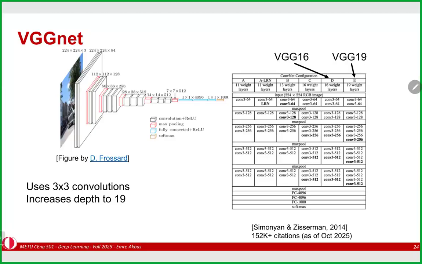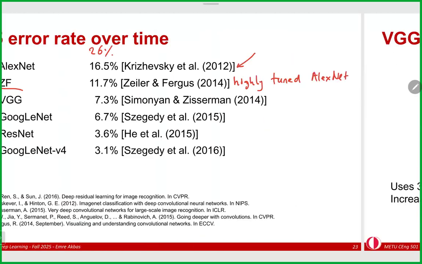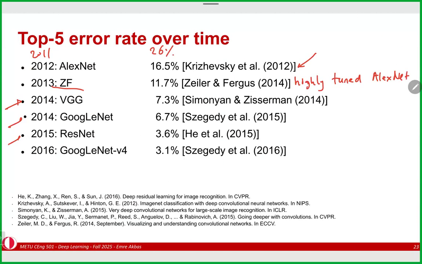So they said, let's only use 3 by 3 convolutions and go for the depth. During that time, it was a very good idea. So all these convolutional layers use 3 by 3 filters and nothing else. They are not larger. By doing so, they increase the depth to, there are different versions, of course, 16 and 19. And as shown here, they get another 4% reduction by just doing that.